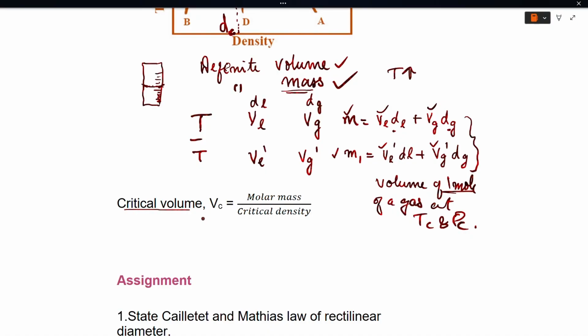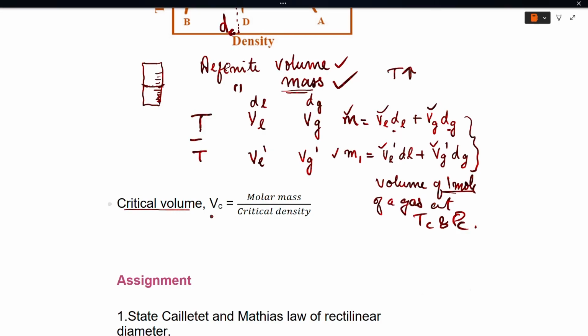Density we are going to measure from this graph, it is experimentally determined, and critical volume Vc is then equal to molar mass divided by critical density. So, here we are having molar mass because we require it for 1 mole. Molar mass divided by critical density will give you the critical volume Vc.